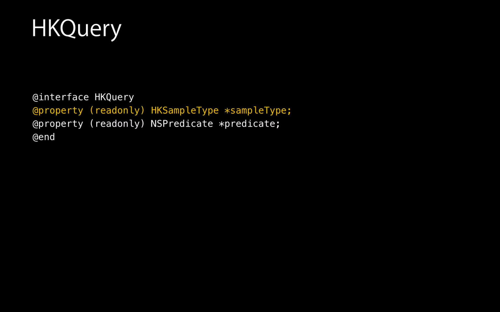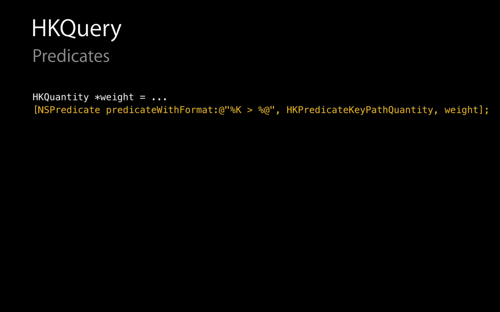An HKQuery has a sample type, which is what kind of data is being queried for. They also have a predicate. The predicate is an NSPredicate that filters which objects are to be returned by the query. You can create predicates in a couple of different ways. First, you can use regular NSPredicate constructors, which you may already be used to.